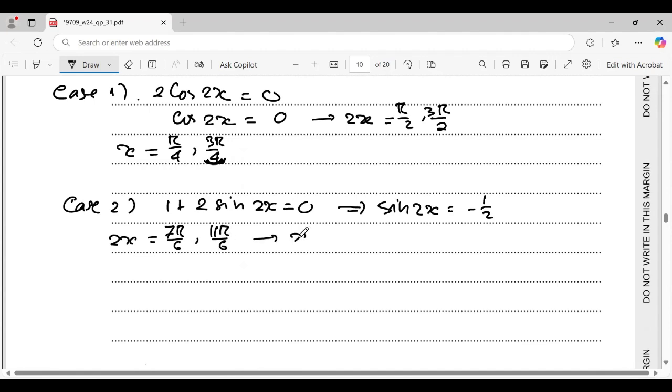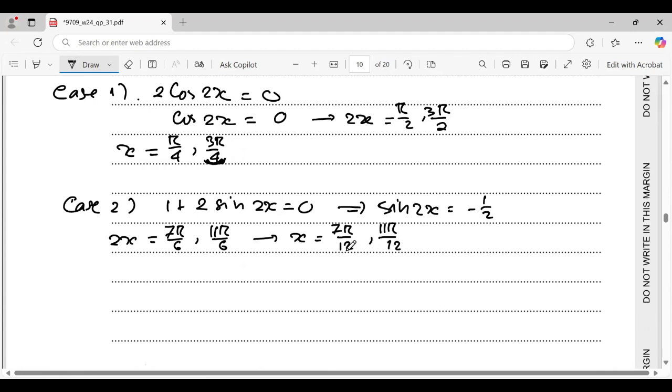That means x equals 7 pi over 6 divided by 2, 7 pi over 12, and 11 pi over 6 divided by 2, 11 pi over 12.